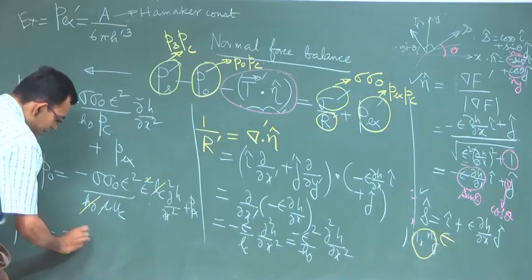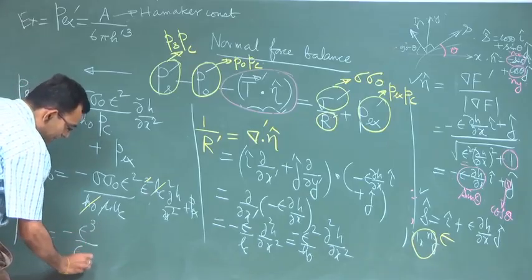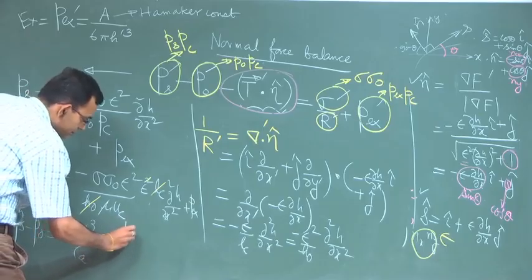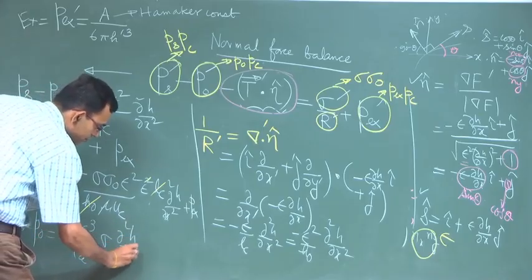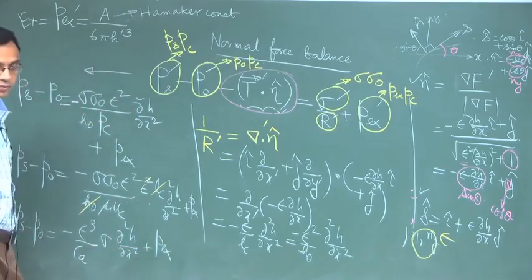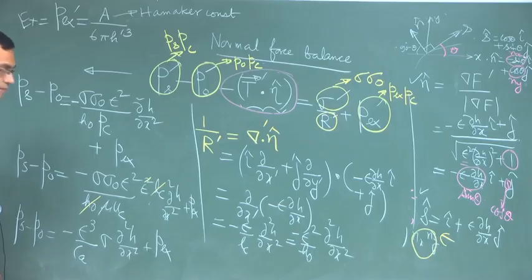So, minus epsilon cube by capillary number into sigma, right.